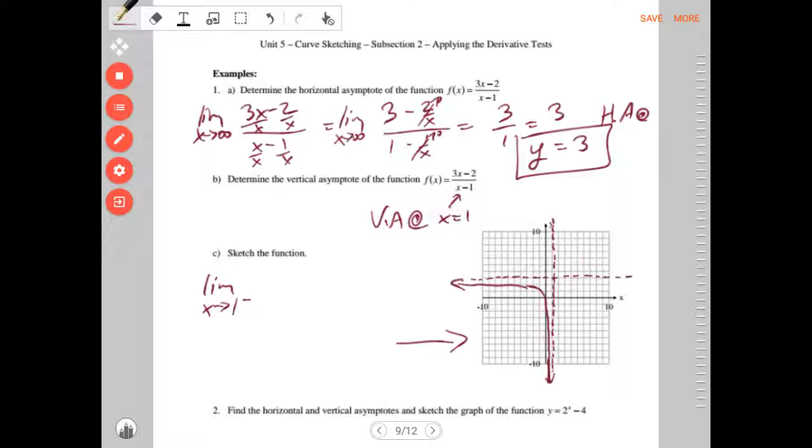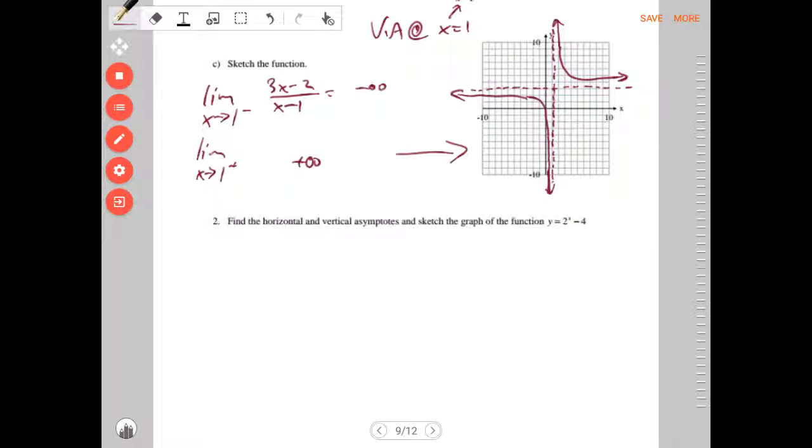For the other one, that was (3x minus 2) over (x minus 1), and that was negative infinity. So the limit as x approaches 1 from the right is going to be positive infinity. Positive infinity, and then it just swoops like that. Great, so that's a very rough sketch, but it works.